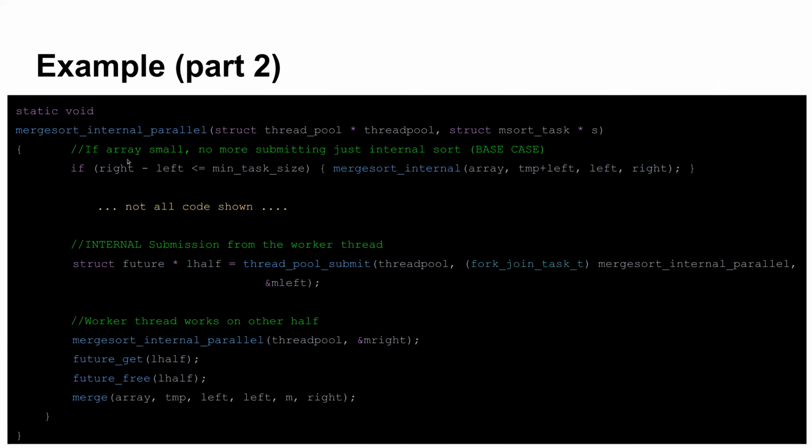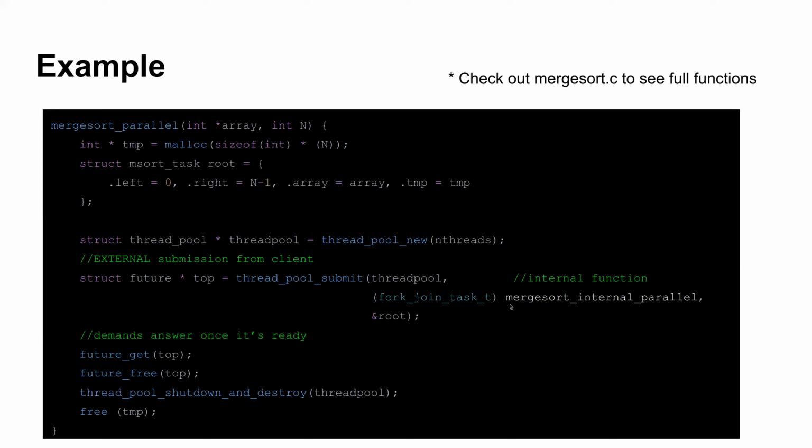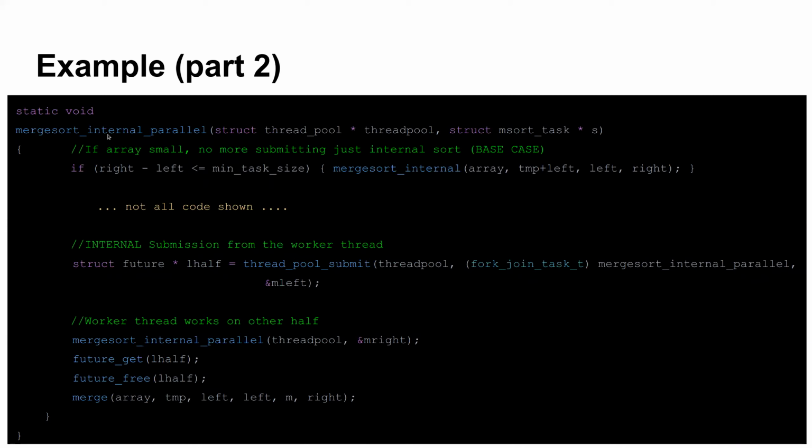So let's talk about merge sort internal parallel. This is the function that's called when we call the thread pool submit function. We need to pass in a function pointer, and this is what the function pointer is. So this is what the thread pool will eventually execute. And basically, anything here will be an internal submission from the worker thread.